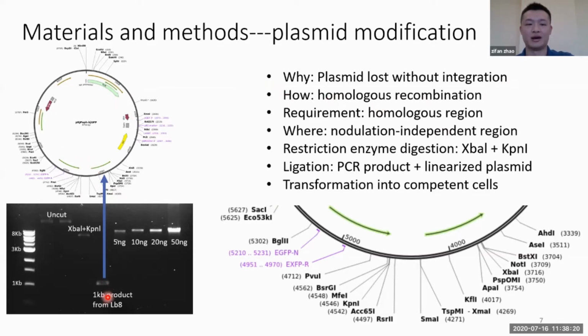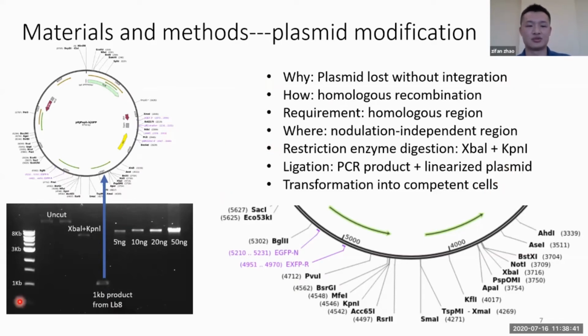So we amplified a 1 kb region from the Lb8, and this region will be inserted into the plasmid to serve as a homologous region. This region is from a nodulation-independent region, so the insertion of the whole plasmid into the genome won't affect the symbiosis ability.